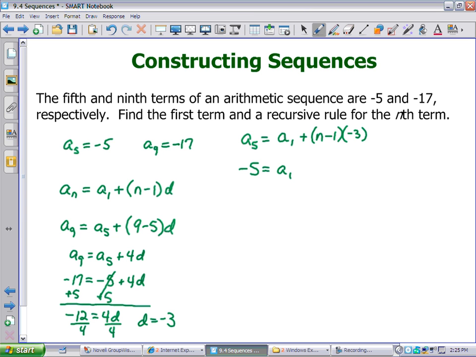That's going to equal your a sub 1 plus n, because it's the fifth term, it's 5 minus 1 times -3. So we have -5 equals a sub 1 plus, this would be 4 times -3, which is -12.